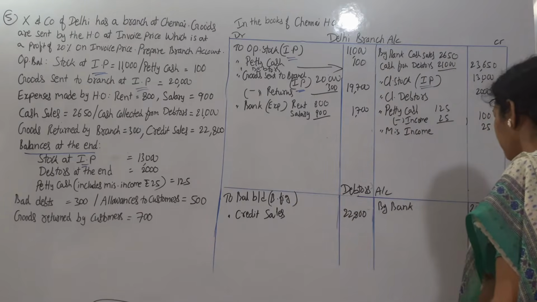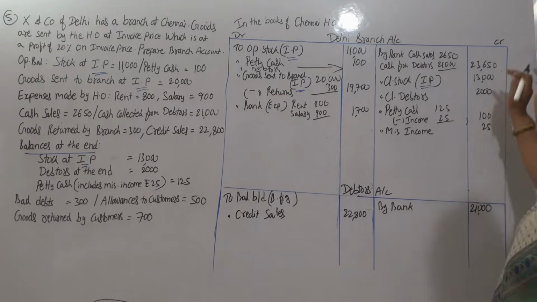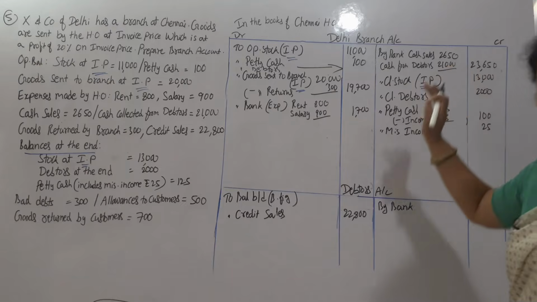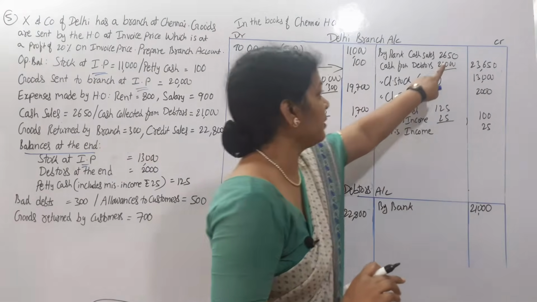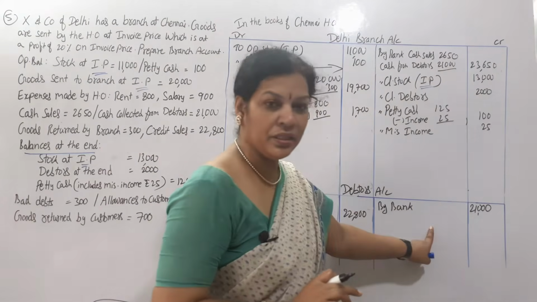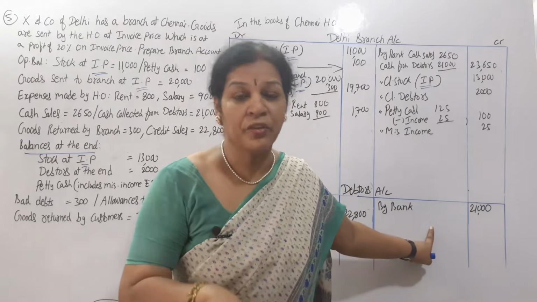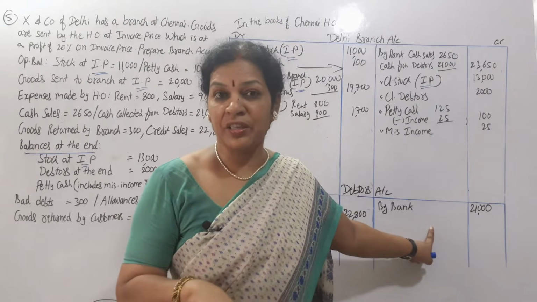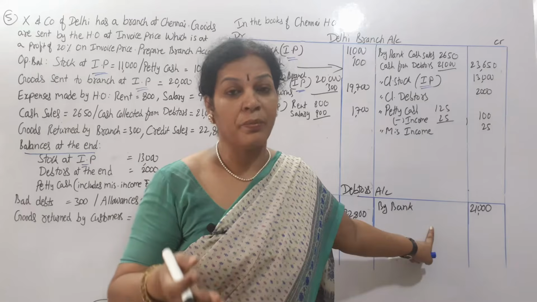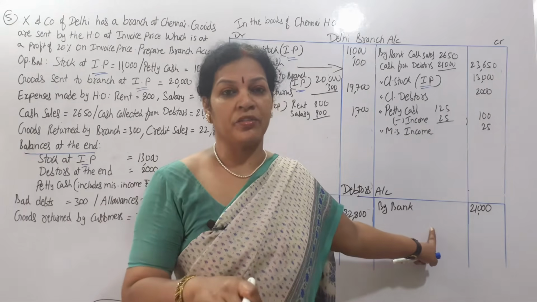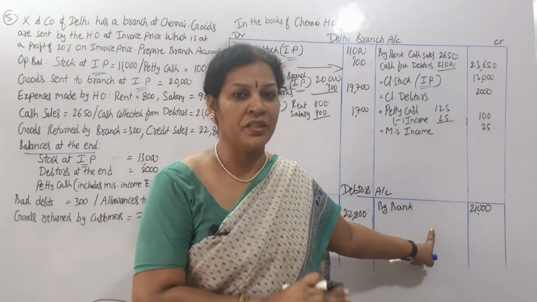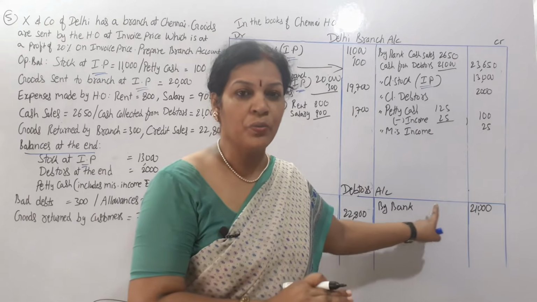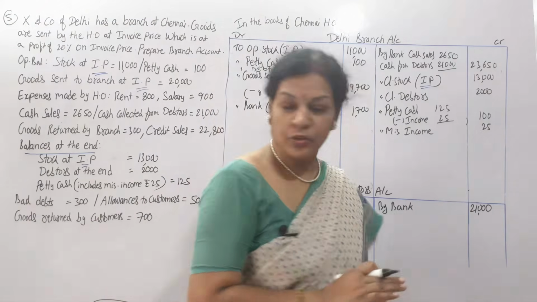This 21,000 comes on both sides, branch account 21,000 and also in the debtors account, because it is cash collected from debtors. When we are collecting cash, the cash account or bank account is debited and the debtors account is credited. So we are writing on the credit side.